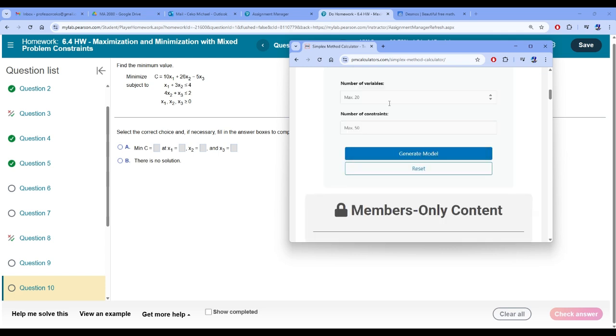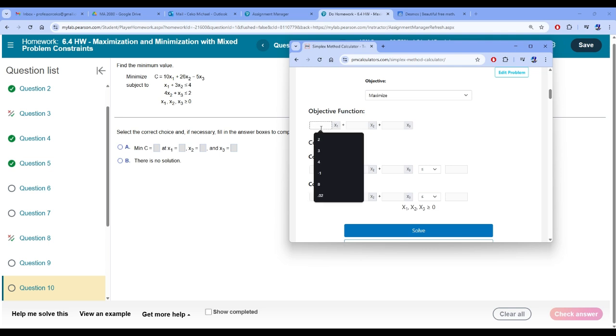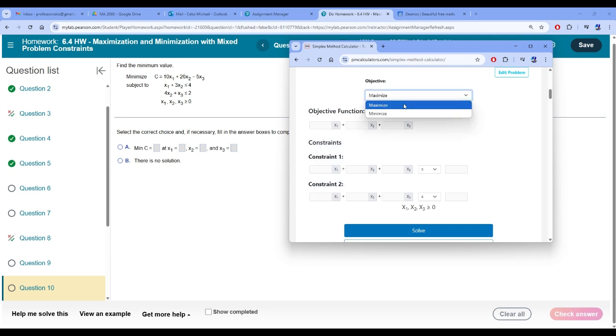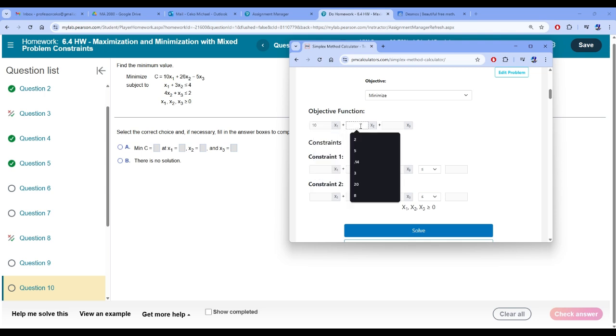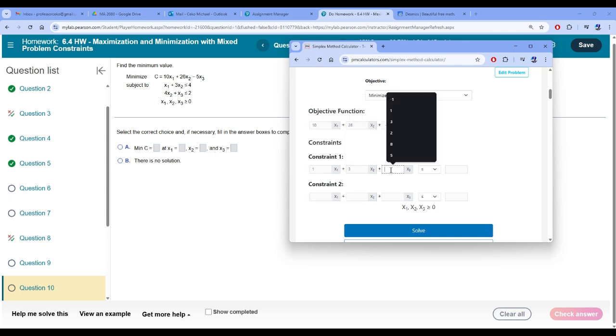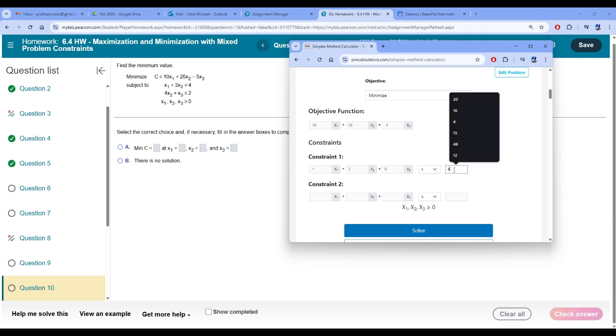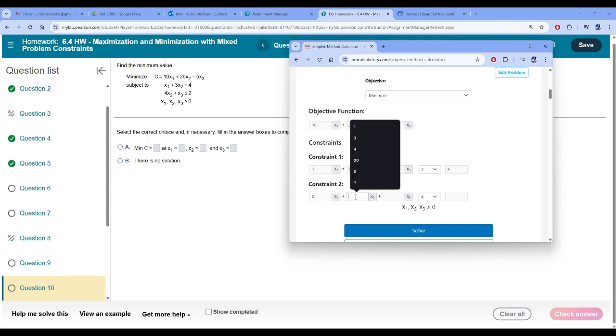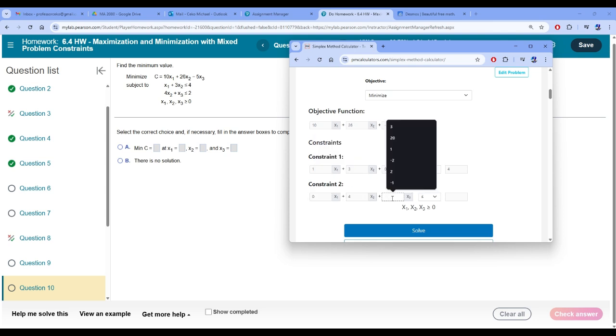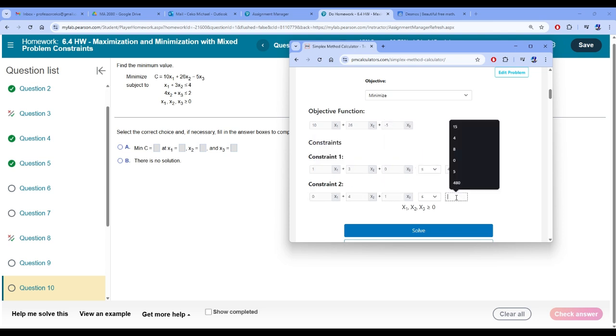New problem. There are 3 variables, 2 constraints. Generate the model. I want to minimize 10, 26, and -5 with constraints 1, 3, 0, less than or equal to 4, and then this is 0, this would be 4, this would be 1 is less than or equal to 2.